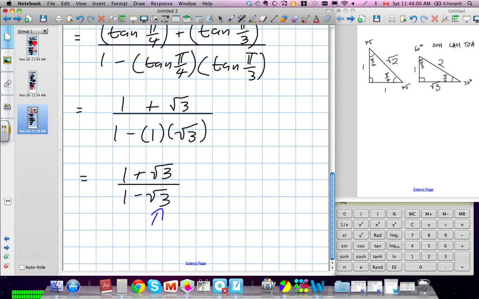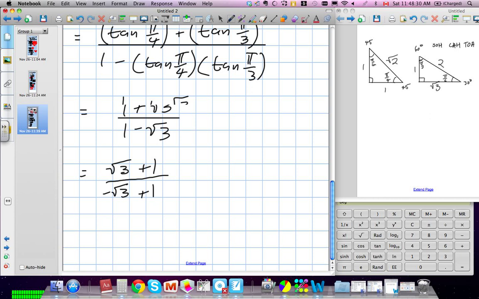So in order to get rid of this root on the bottom, we're going to have to think of it like a difference of squares. We're going to have to multiply both the top and the bottom by 1. Now actually, we're going to rearrange this a little, just so we can better get rid of our middle roots. I'm going to rearrange this so this now says root 3 plus 1 divided by negative root 3 plus 1.